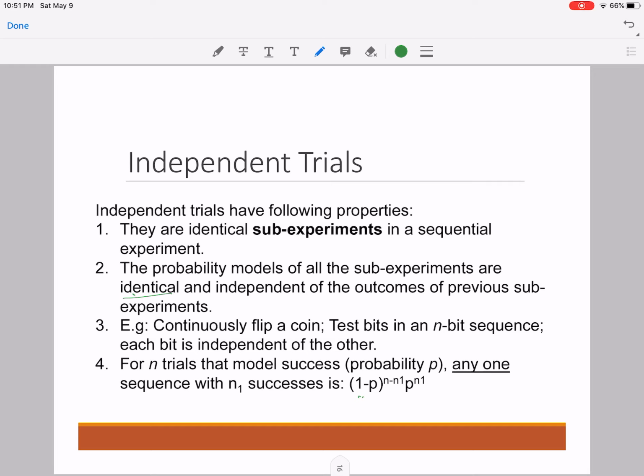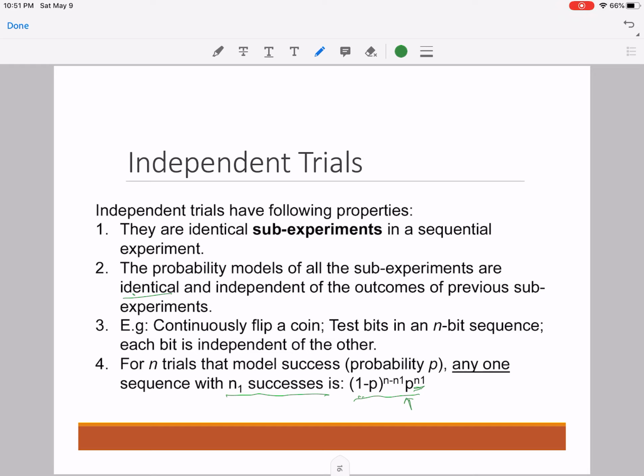If I were to perform independent trials, then the probability of any one sequence with exactly n1 successes is given by p to the n1 times 1 minus p to the n minus n1. The reason being, since I have n1 sub-experiments that are succeeding, each with probability p, if I were to multiply their probabilities, I get p to the n1. The probability of a sub-experiment failing is 1 minus p.